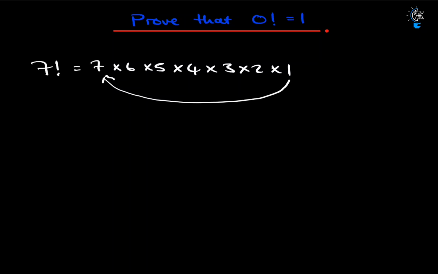We can write this in the form of an expression, where we have the letter x, and we say x factorial. X factorial can be expanded as x multiplied by x minus 1 multiplied by x minus 2.